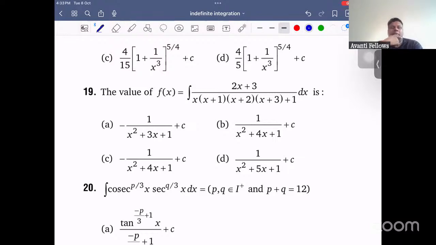Delhi, I got one of the answers. All right, anybody else? Calcutta.